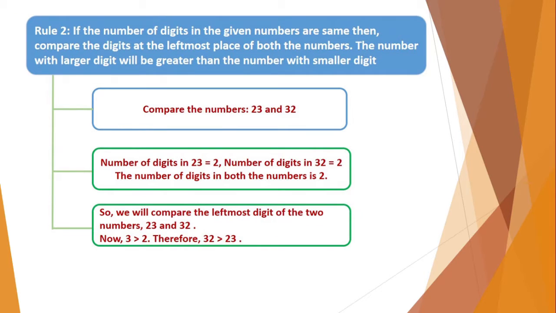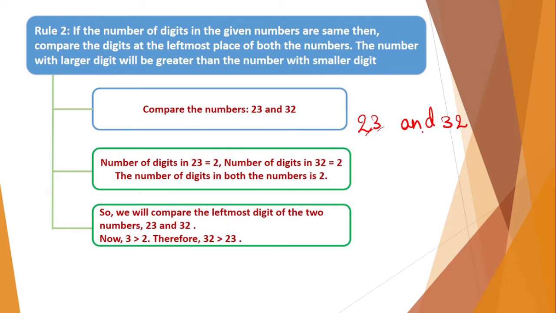So if the digits are different, we can just compare their digits and we can finally say that this number is greater than this. But if the digits are equal, for example 23 and 32, how many digits are there?